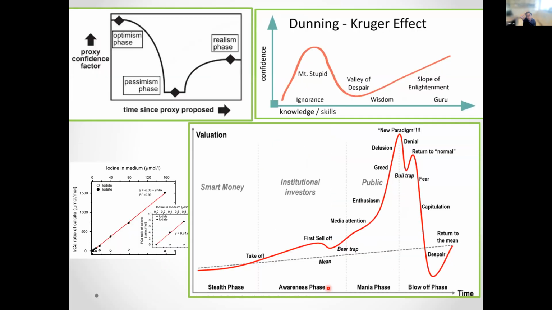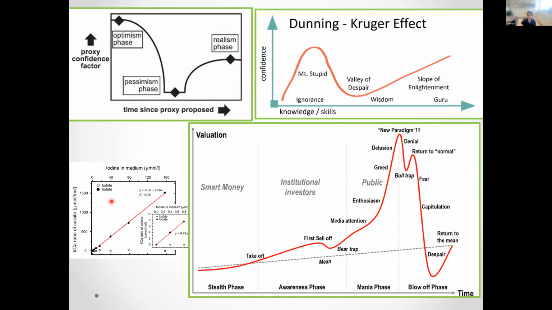I guess you can look at the Elderfield curve of proxy confidence, or you look at some sort of cognitive process of the human brain, or whether you want to look at sort of investing in this proxy and draw the analogy to the stock market.